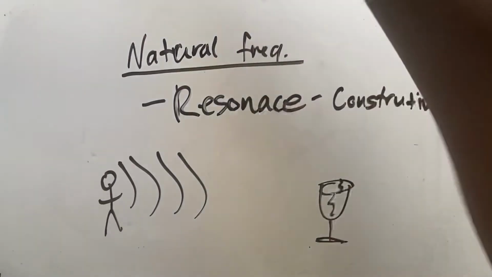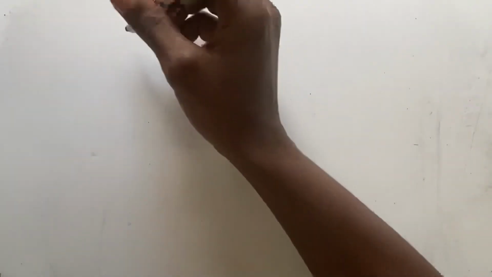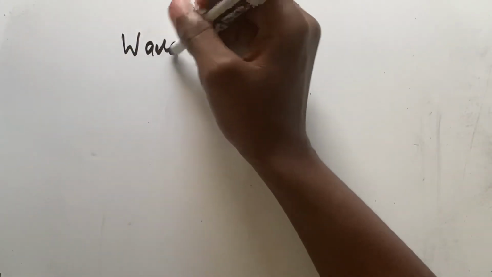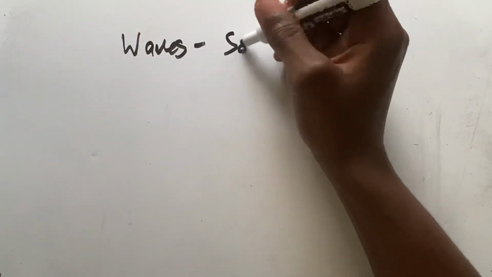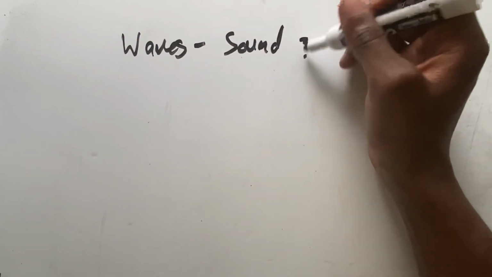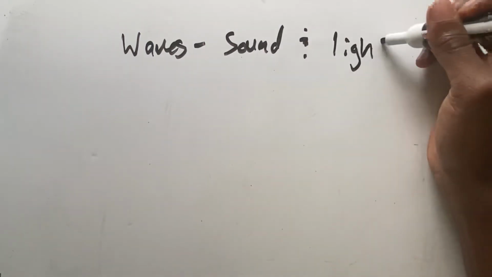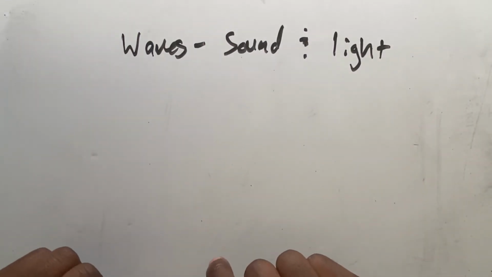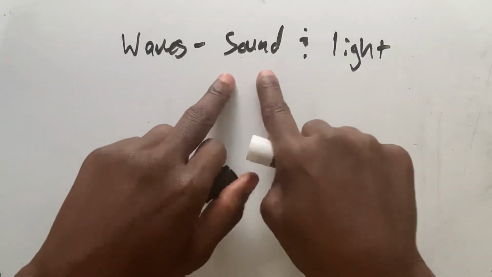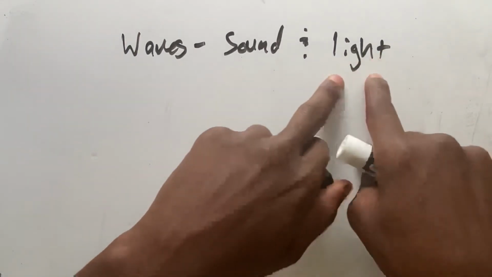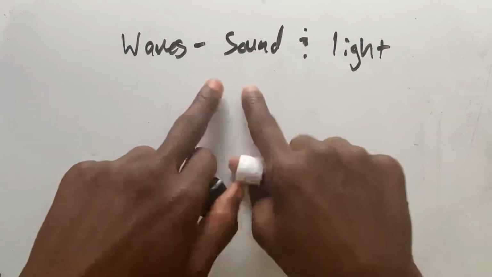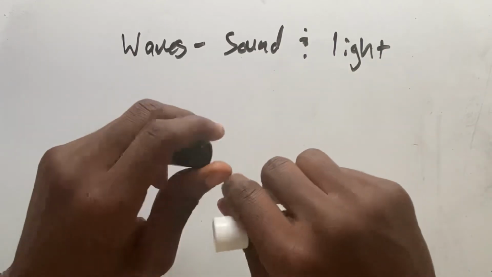So since both light and sound are forms of waves, light can interfere with other light, and sound can interfere with other sound.